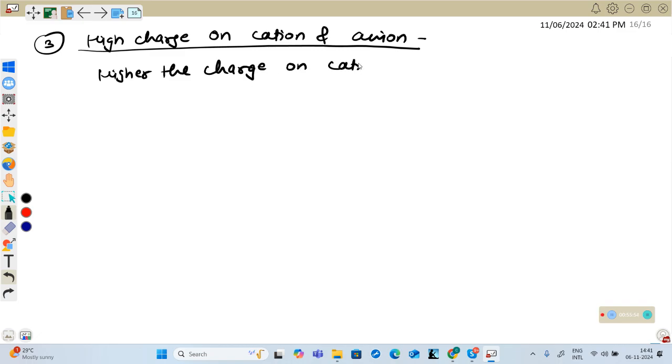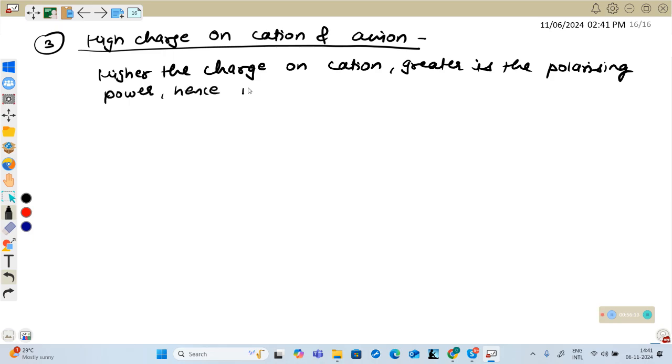Higher the charge on cation, greater is the polarizing power, hence more is the covalent characteristic.